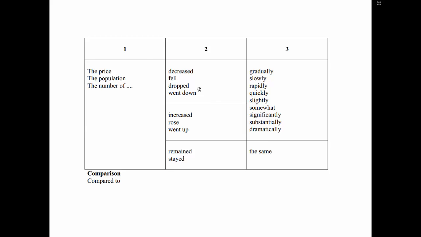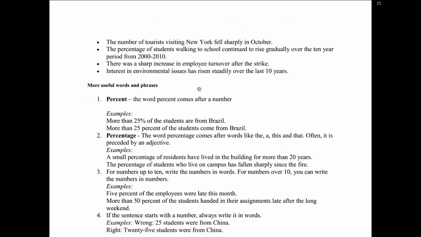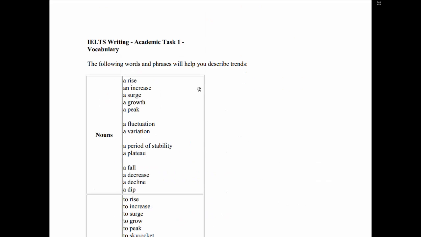All right, so we have to put combinations together, and if we put combinations of these words together, we're going to get a much better score for lexical vocabulary for task number 1. But you have to learn to blend in and add in this type of language into your writing.